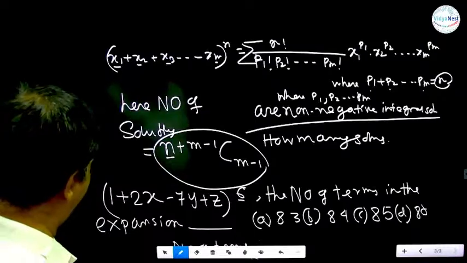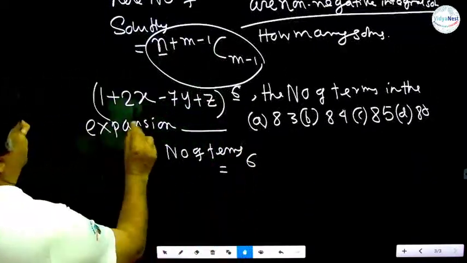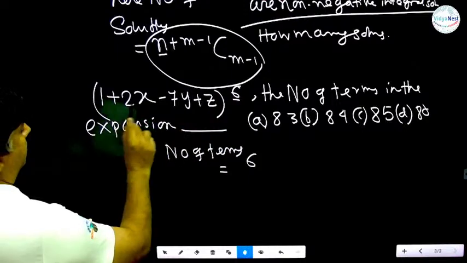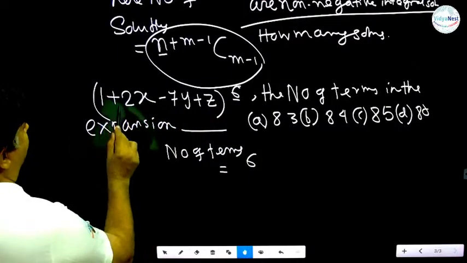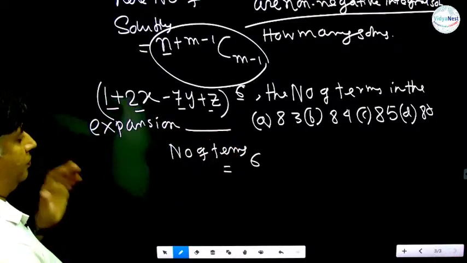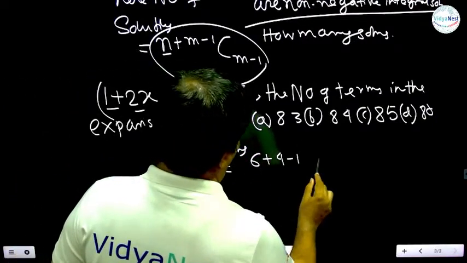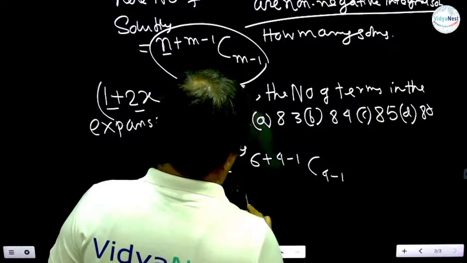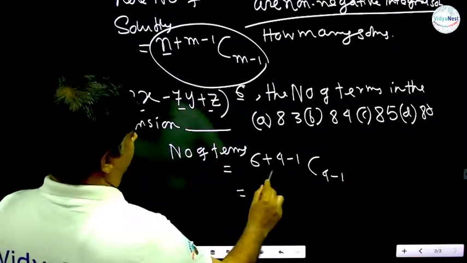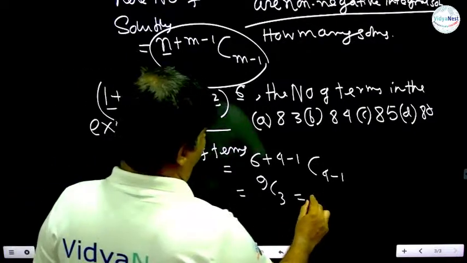Okay? So here how many are observed? 1, 2, 3, 4, yes or no? Yes. So 6 plus 4 minus 1, C 4 minus 1. So 6 plus 4 minus 1 is 9, C 3. Now one calculation is needed.